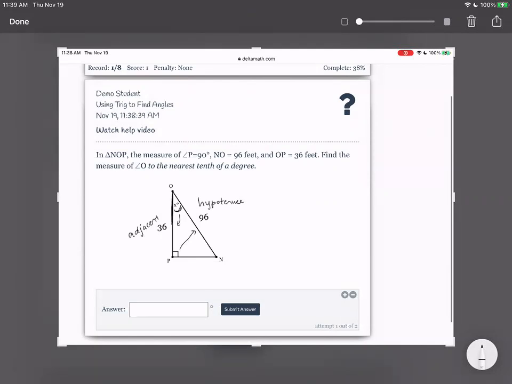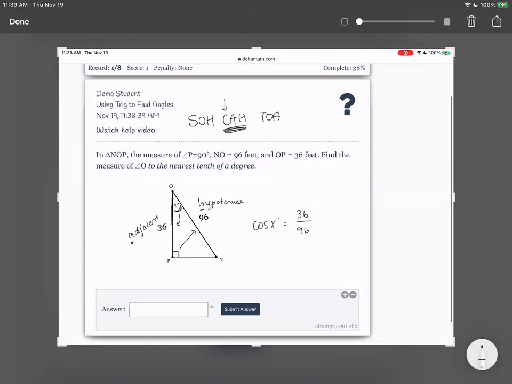So we have adjacent and hypotenuse out of the SOH, the CAH, and the TOA. Which one has the A for adjacent and the H for hypotenuse? It would be the CAH. So that means we have cosine, C for cosine. So cosine of x degrees is equal to adjacent over hypotenuse.